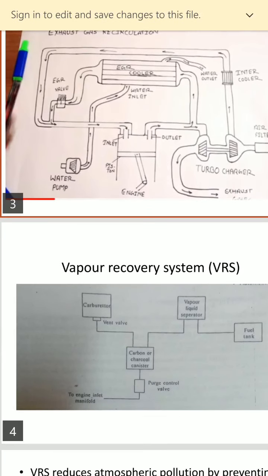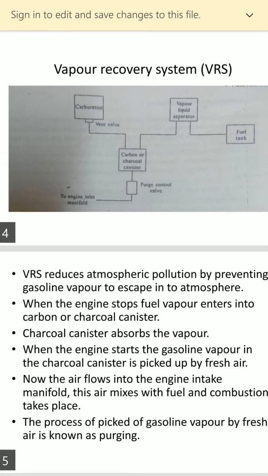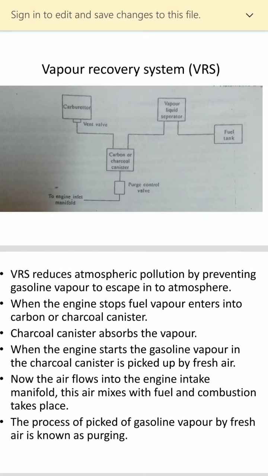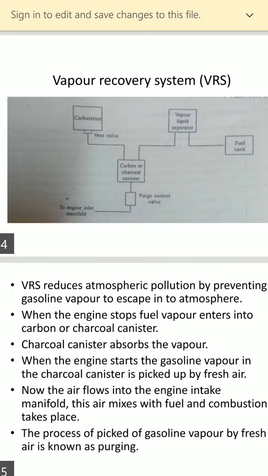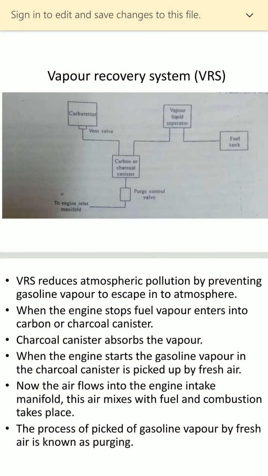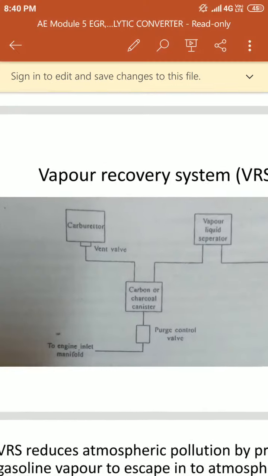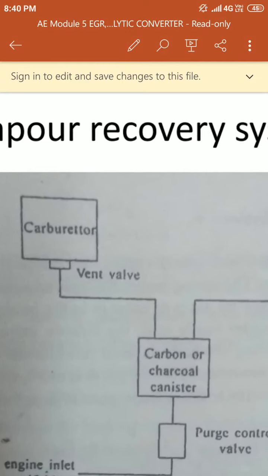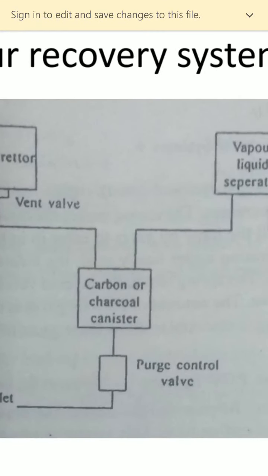Next, we have to discuss the VRS system, that is, the vapor recovery system. This also reduces atmospheric pollution. How does it reduce the atmospheric pollution? By preventing gasoline vapor. First, the construction.